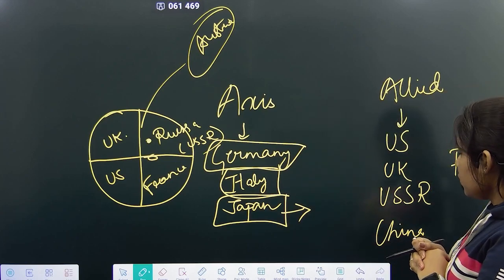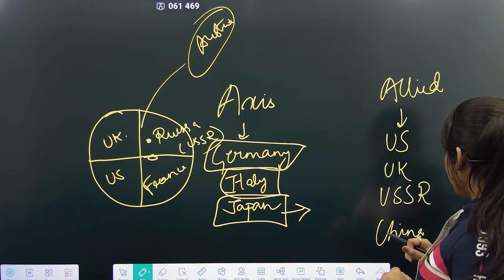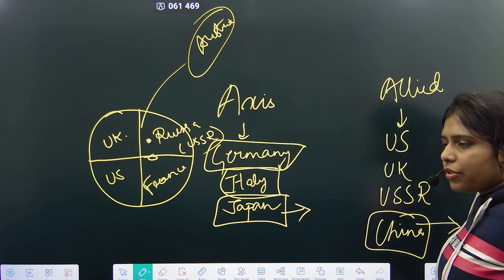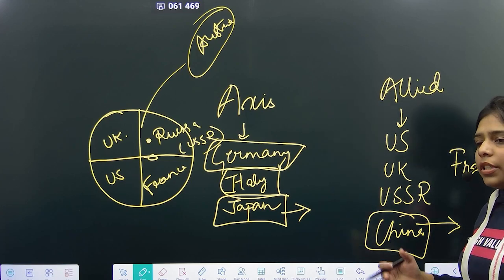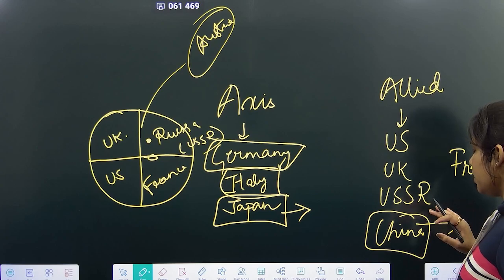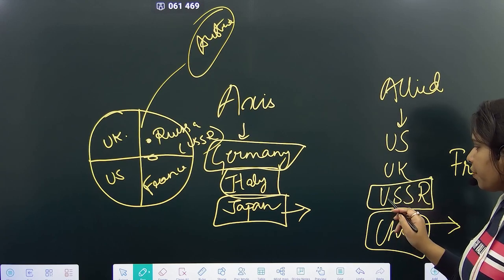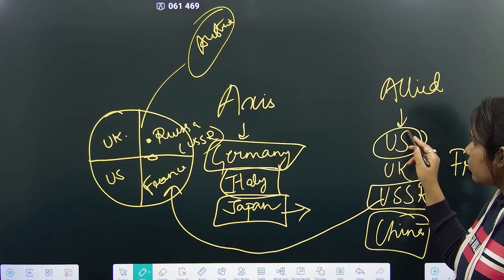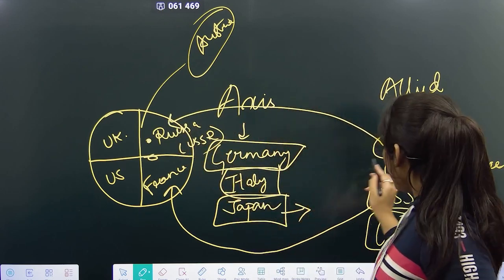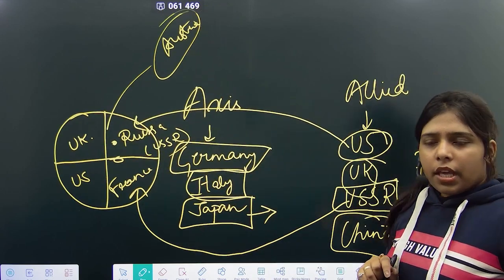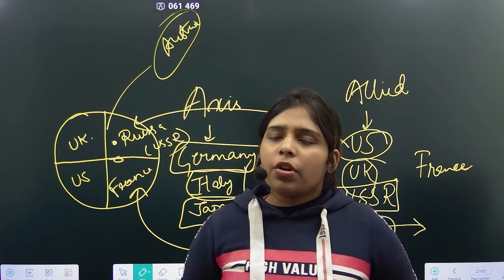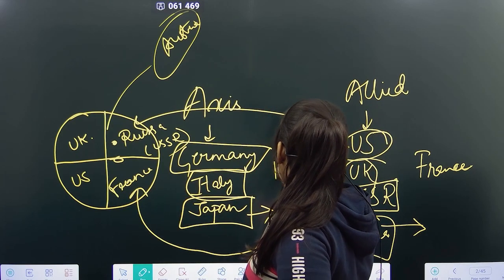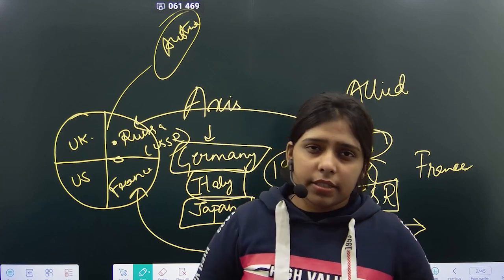Among all this, China was still focusing on its own country's development, so it withdrew its focus for the time being from the World War scene. The USSR had a great interest over here. The US also had a great interest, and so did the UK. USSR had already taken over a lot of territories in 1939.